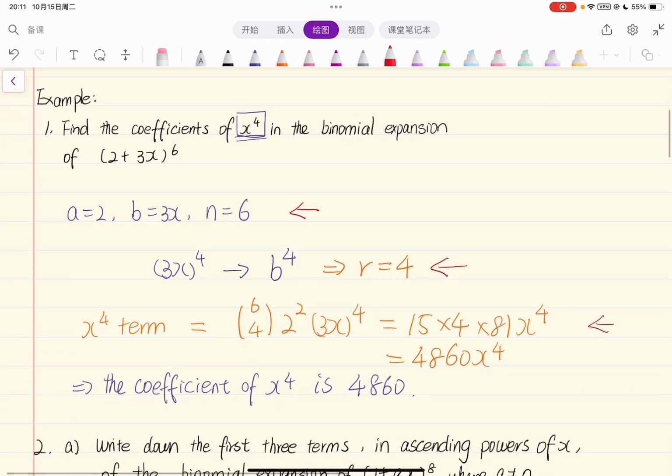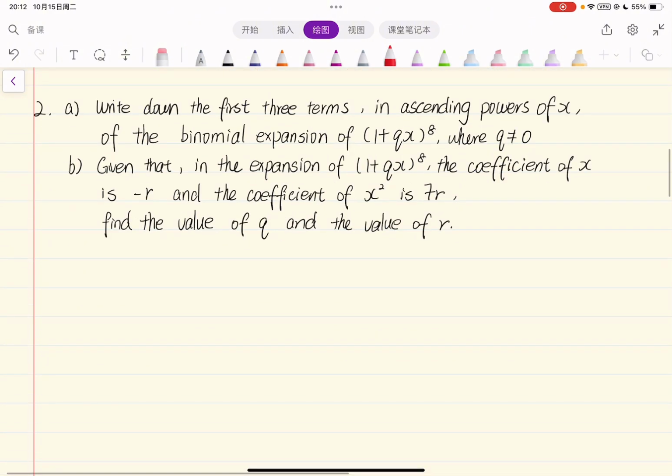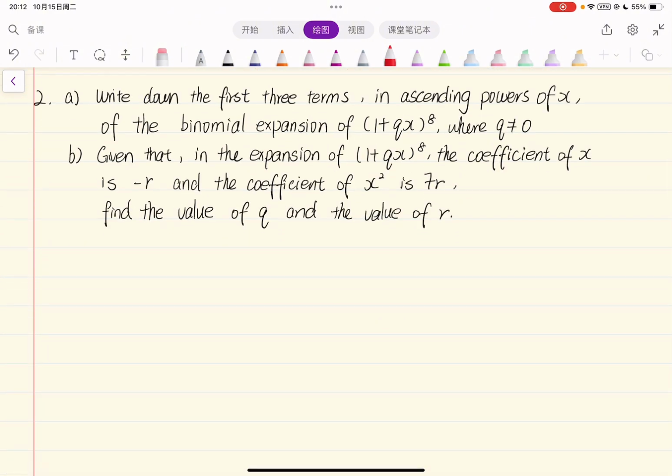Let's move on to see the second question. For the second question, part A asks you to write down the first three terms, in ascending powers of x, of the binomial expansion of (1+qx)^8, where q does not equal 0. We know how to do it from the previous lesson.